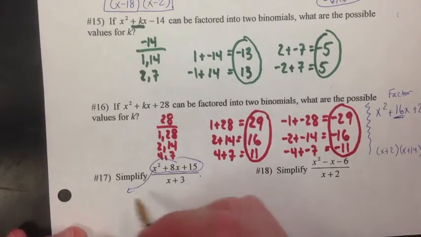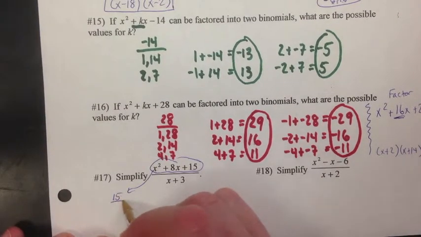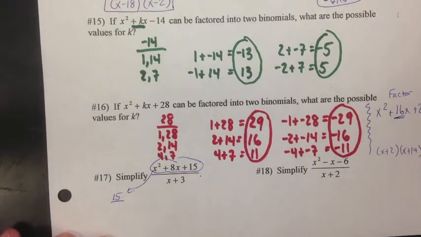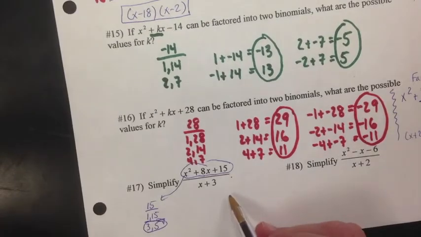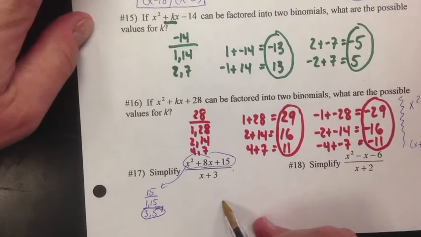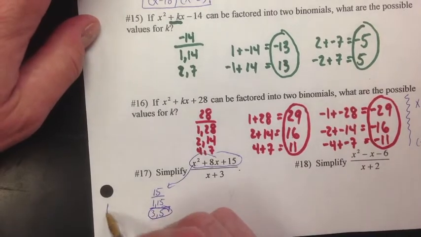So let's take 15. We got 1 and 15. We've got 3 and 5. Now we're trying to get a middle term of 8. Well, 3 plus 5 gives you 8, so there's our winner right there. If I do it as a box, if you're more comfortable with the box, we can do that.